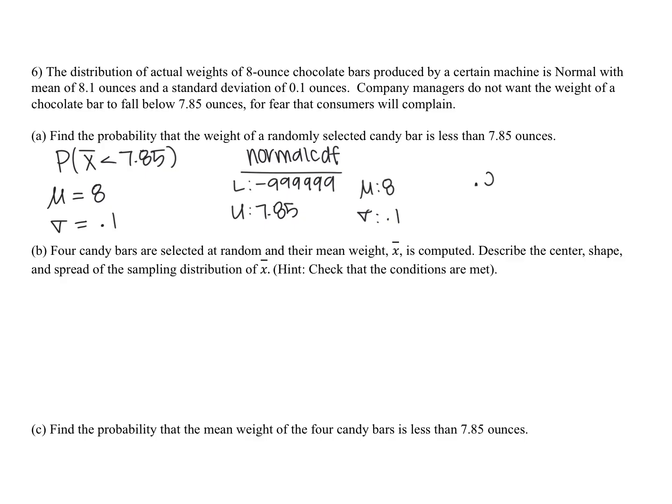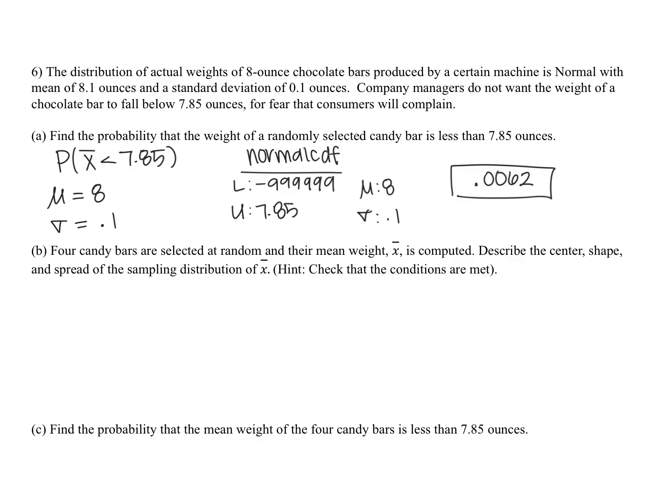And we're going to get 0.0062. So it's very, very unlikely that a single candy bar is less than 7.85 ounces. And as we know from when we did this previously, whenever you increase your sample size, it decreases the probability because our standard deviation is going to get smaller. So I'm going to do this again later with a higher sample size, and we'll see how much the probability is going to decrease from increasing our n.